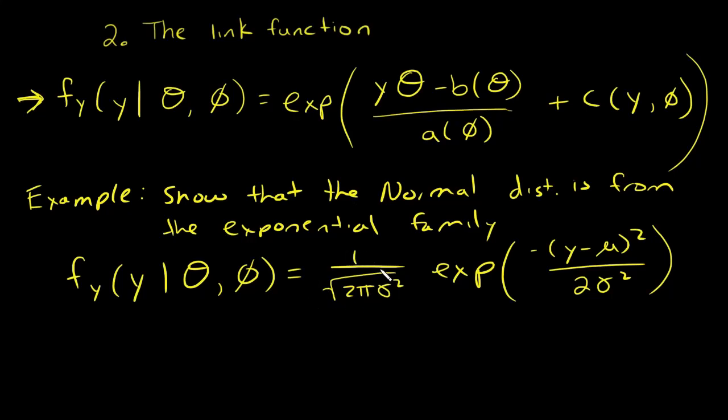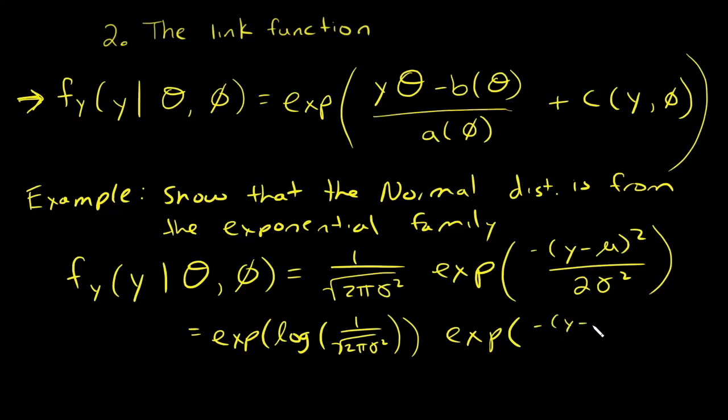So what I can do here is I can say e to the power of log of 1 over the square root of 2 pi sigma squared. All right, and then you see these would cancel, and so I've done nothing to it, right? This is exactly the same thing.